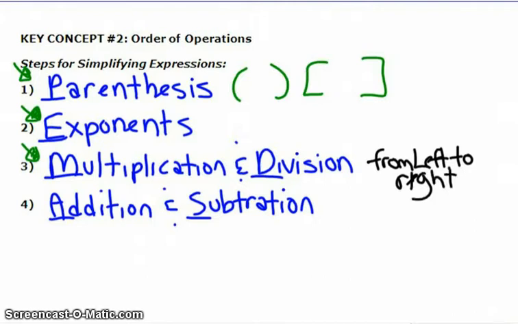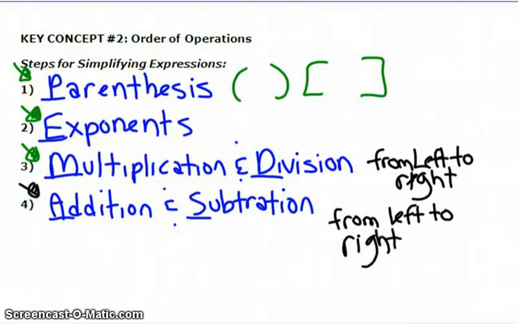Addition and subtraction are the next step. This is just like multiplication and division. You don't always do addition first. You work with addition and subtraction from left to right. Again, if you need to pause to write down, please do. So these are our steps for simplifying expressions.